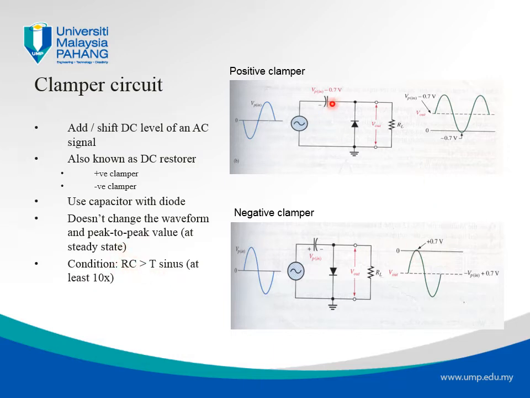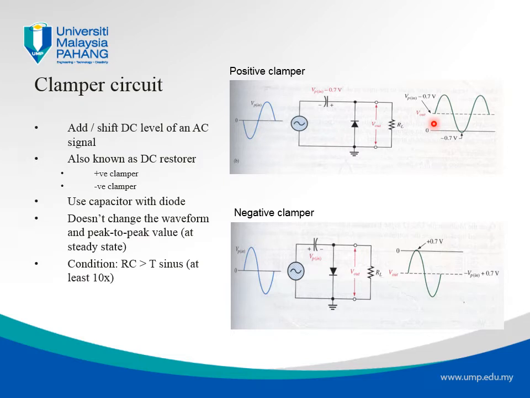Basically, in a circuit with resistance and capacitor, the product of R multiplied by C is what we call a time constant. A time constant is basically the period it takes for the voltage to be stabilized or saturated in a capacitor. So this time constant needs to be at least tenfold, at least 10 times larger than the period of the sinusoidal waveform.